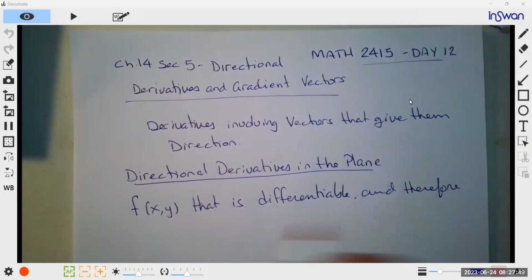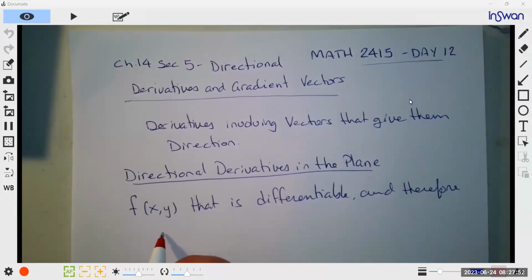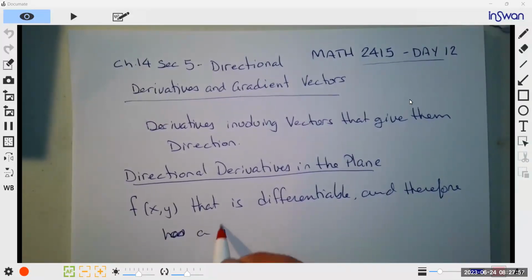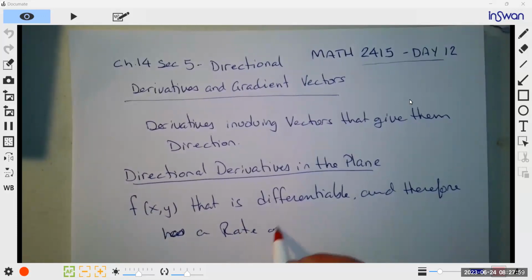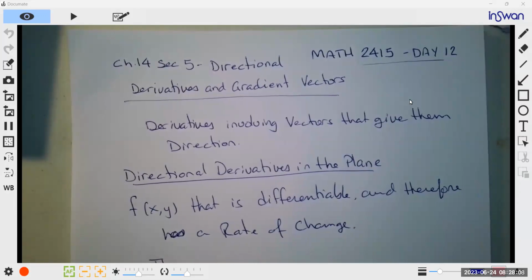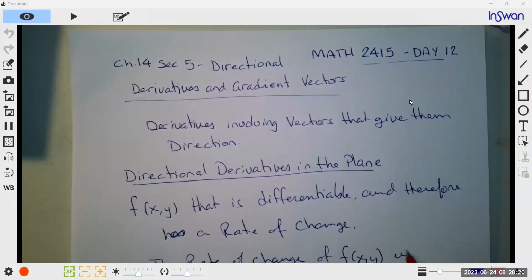and therefore has a rate of change. The rate of change of our function with respect to t.